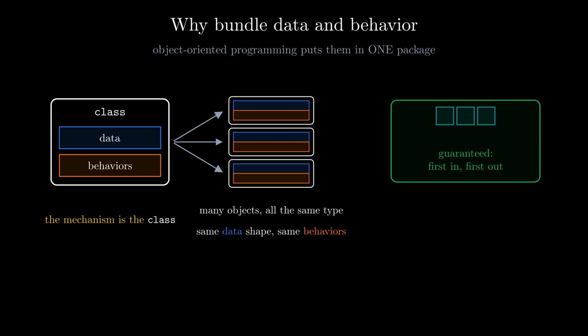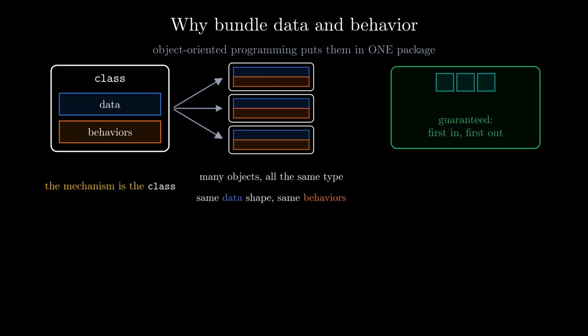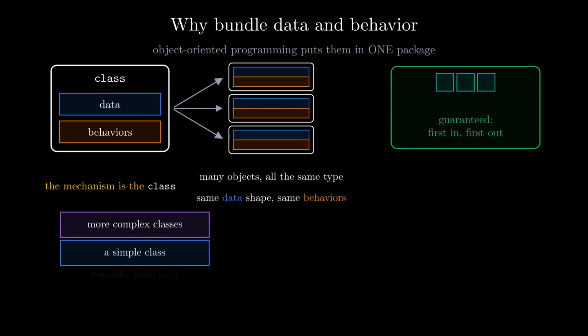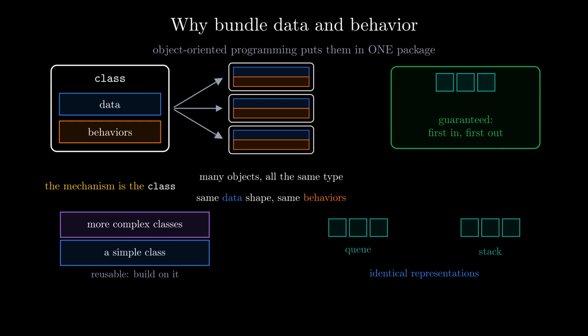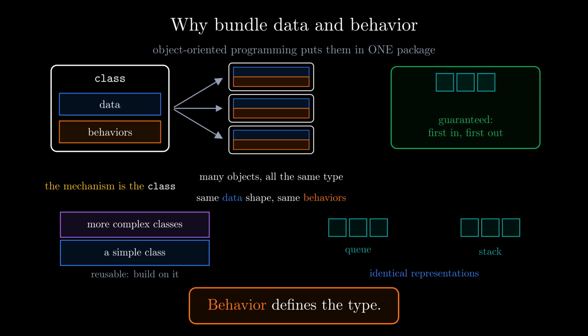In Python, the bundling mechanism is the class, and we write classes to make code that is nicely reusable. Write a simple class once, then build on it to create more complex classes, and keep the deeper lesson from the queue and the pancake stack. Their representations were identical. What defined each type was the behavior we guaranteed.